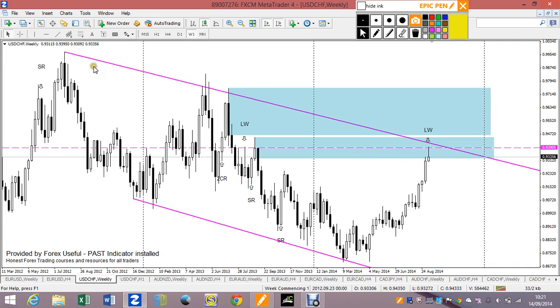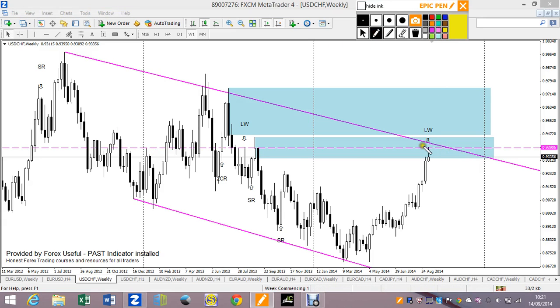So here we go on the dollar Swiss analysis. Got a descending trend line here. It's not perfect, but it's there. Weekly resistance, which has proven this area here several times. And the action there, just above it, so it seems to be a strong level.